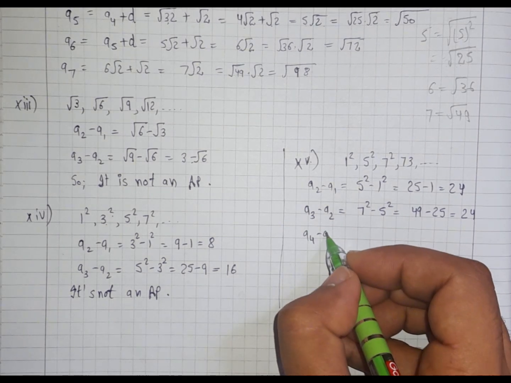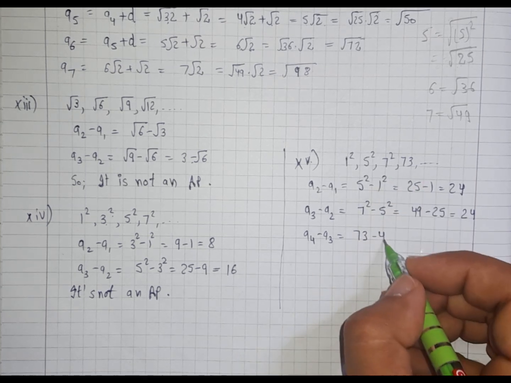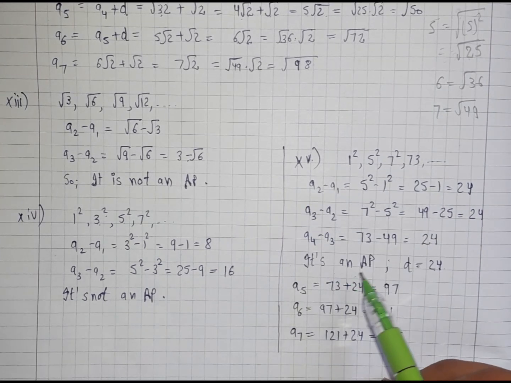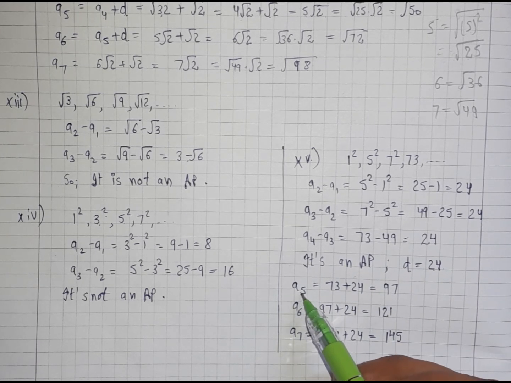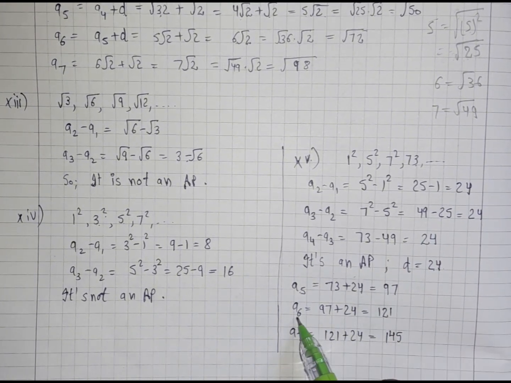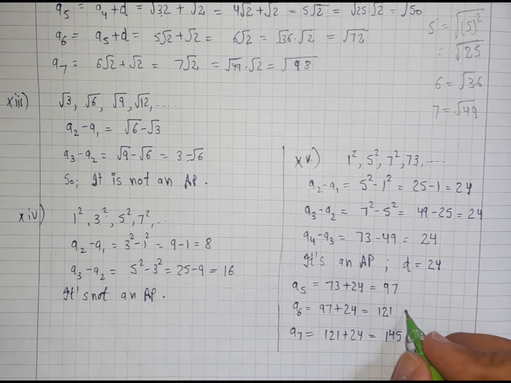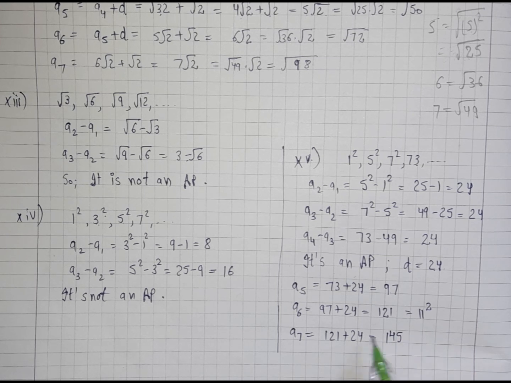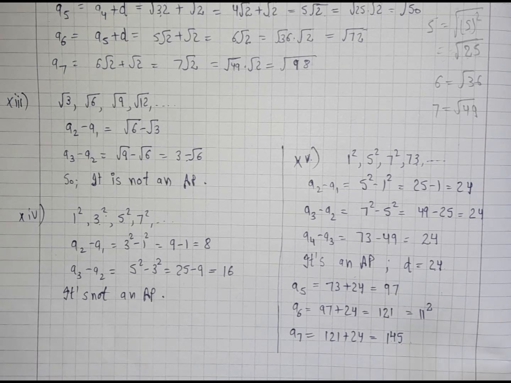And a4 minus a3 equals 73 minus 49, which equals 24. So it forms an AP with common difference d equals 24. Next, the fifth term equals the fourth term plus difference, that is 97. The sixth term equals the fifth one plus 24, that is 121, equal to 11 squared. The seventh term equals the sixth one plus 24, that is 145. So these are the next three terms of the given AP.